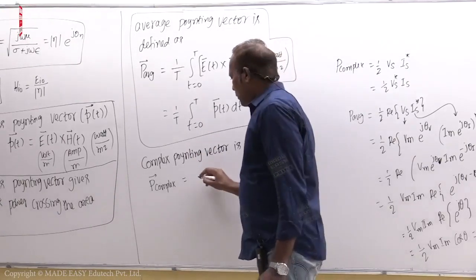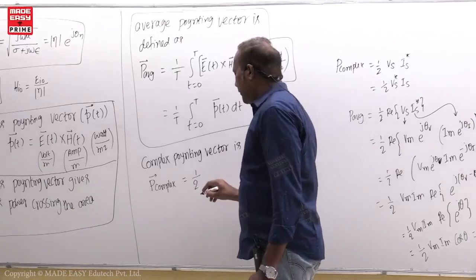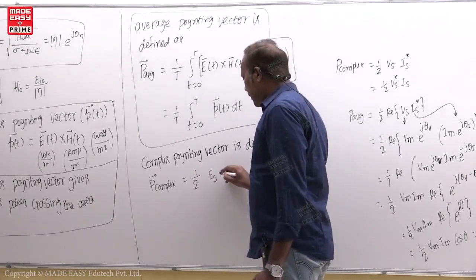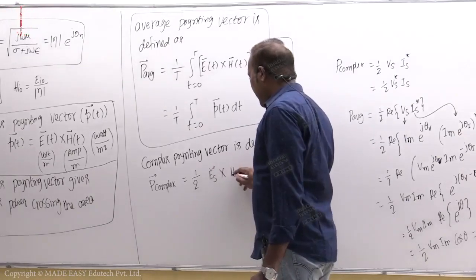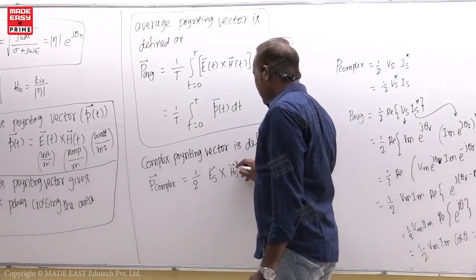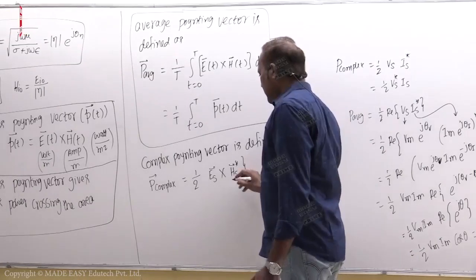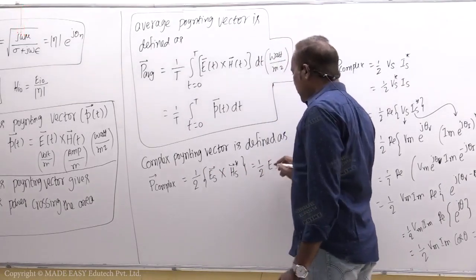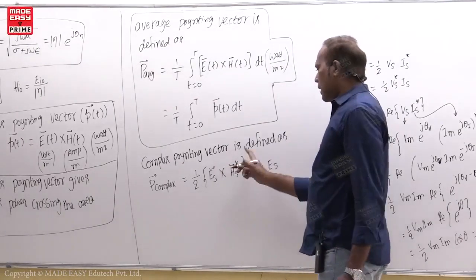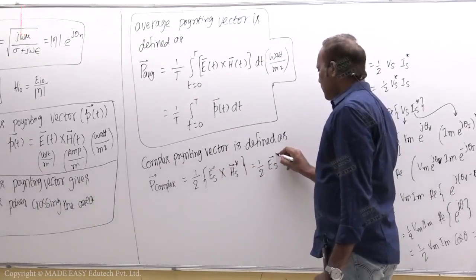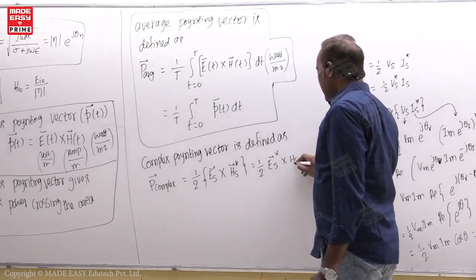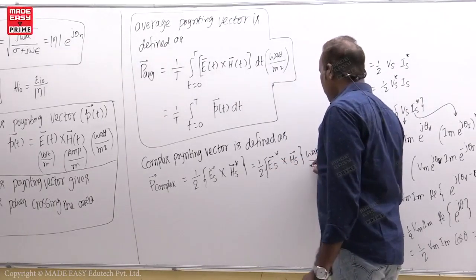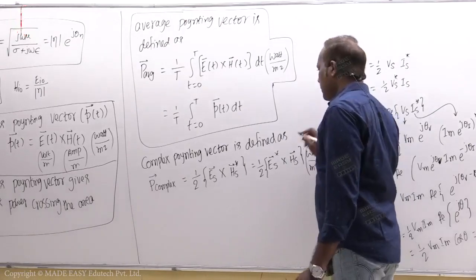Okay, so that is defined like this: half into electric field phasor cross magnetic field phasor complex conjugate. That is also equal to half into, you can take complex conjugate for this one or otherwise for this one, so cross Hs, and this is watt per meter square.